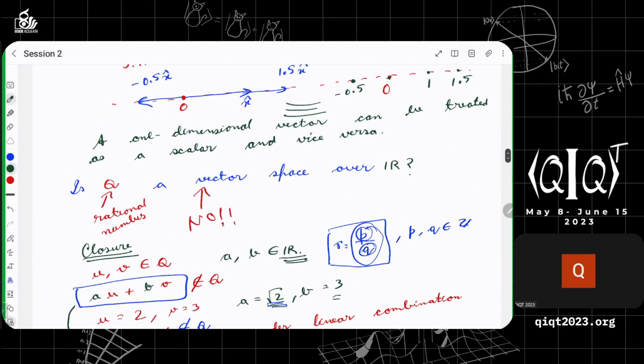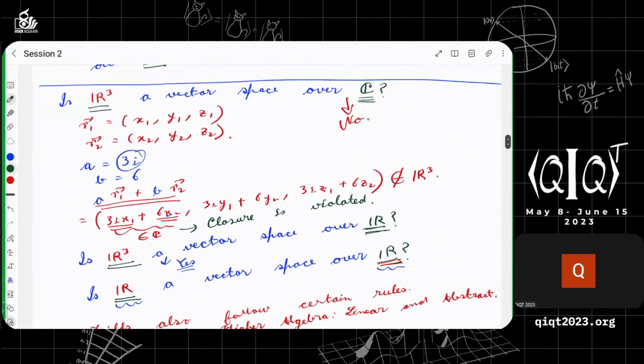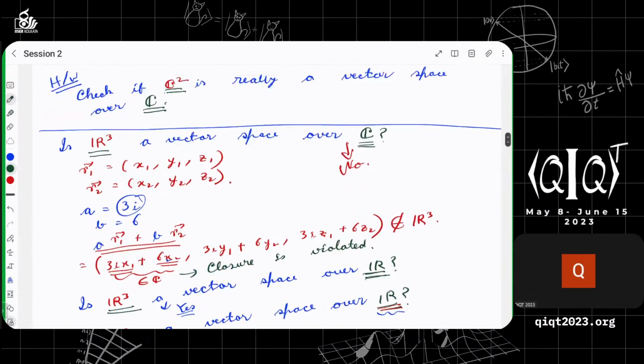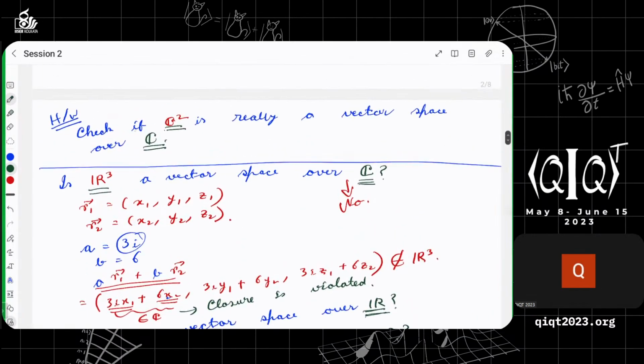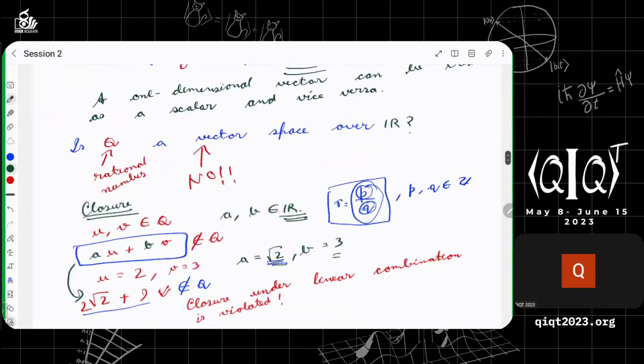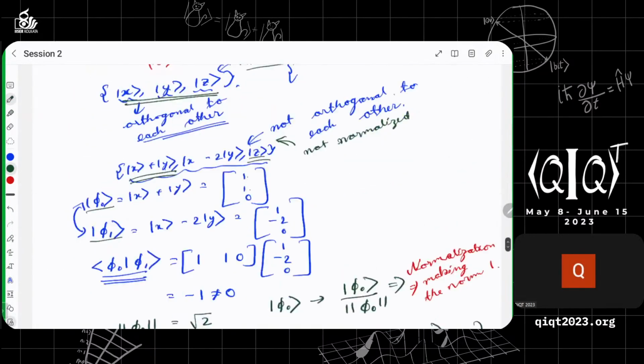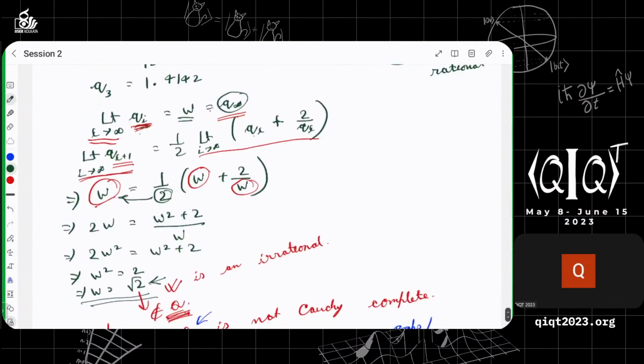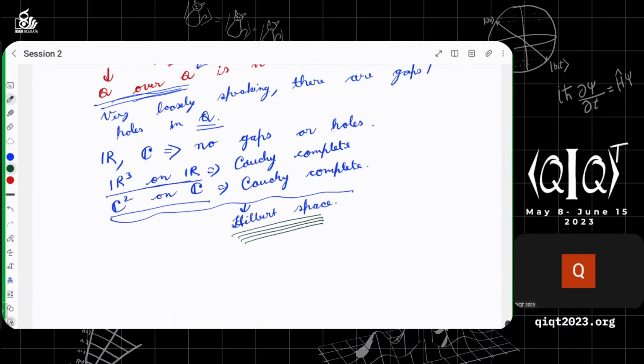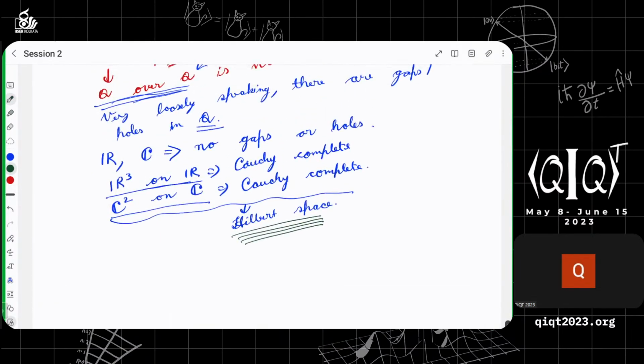And I think one more: whether C2 is a vector space over C. I would ask you to do that, and maybe I'll also post the solutions before the last class, maybe email you the solutions.